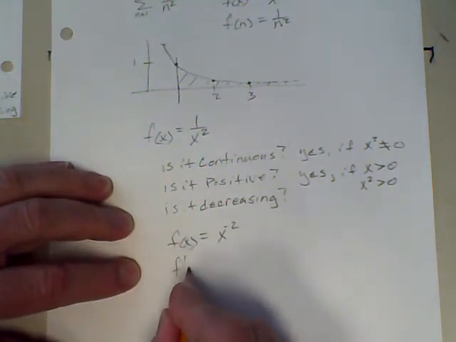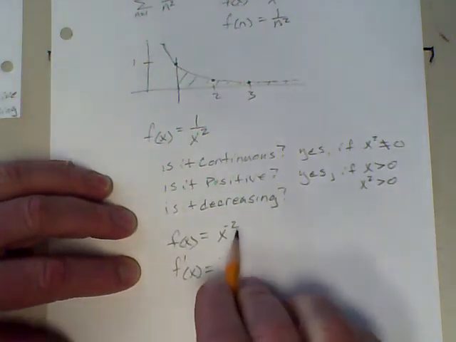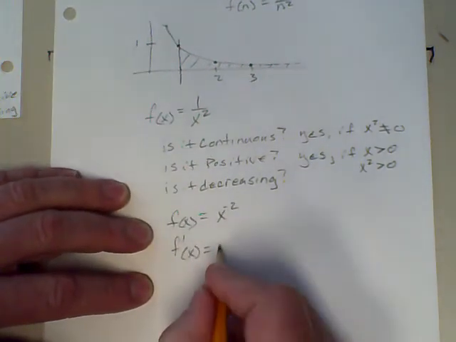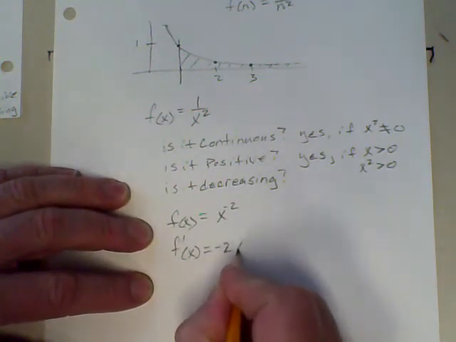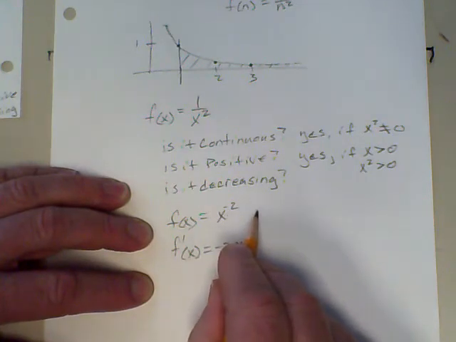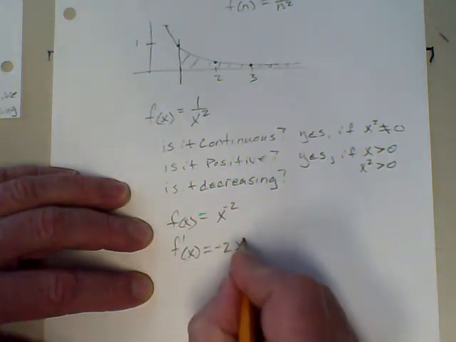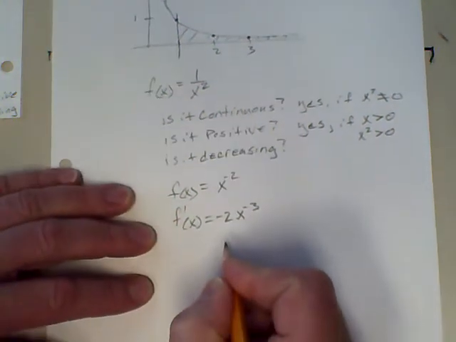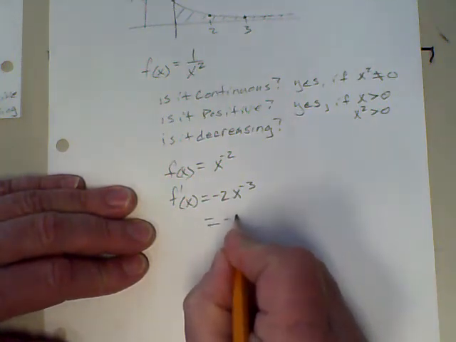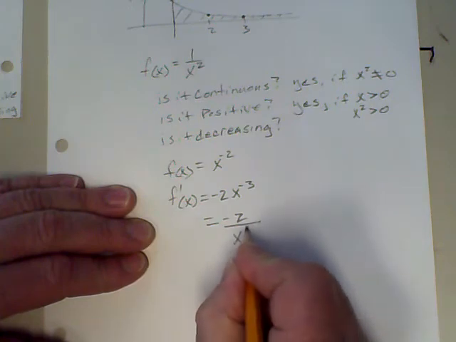F prime of x then is going to be, and I'm always extra careful when I'm doing negative powers, so it's going to be negative 2x, and now I need negative 2 minus 1. I got to go to one lower power. Negative 2 minus 1, that's negative 3. And I think I'm going to write this way, negative 2 over x to the third.